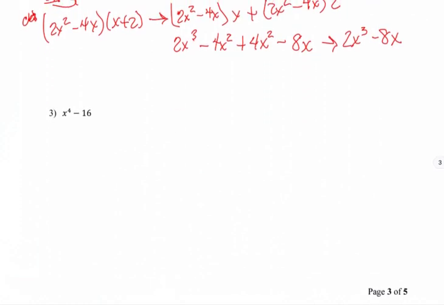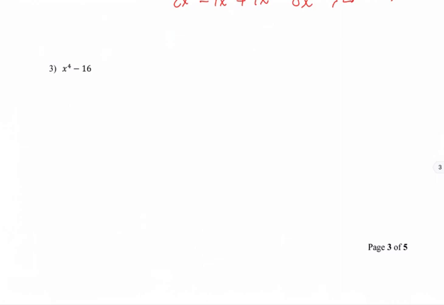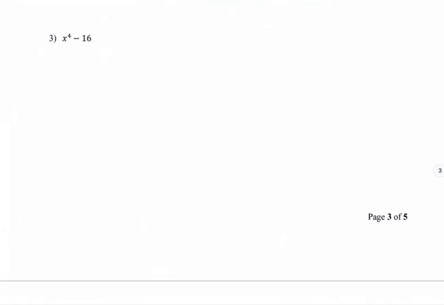All right. So now, how do we go with x to the 4th minus 16? Well, I'm going to use a squared minus b squared. That equals a minus b times a plus b. So that's a squared minus 4 squared times a squared plus 4 squared. Not 4 squared plus 4.